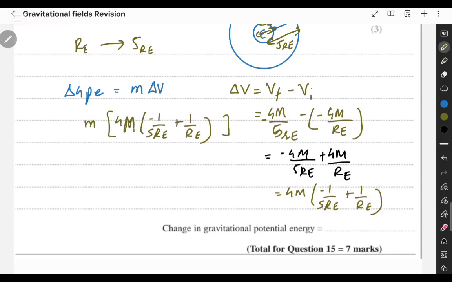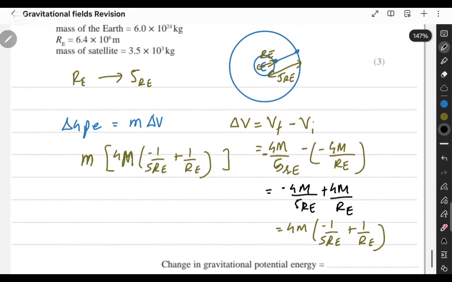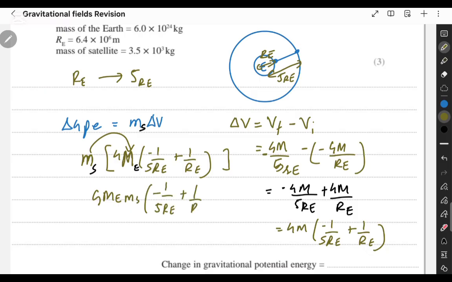The capital M is the mass of the Earth, and the small m is the mass of the satellite. Make sense? Now I'm going to put this right over here, multiplied. So GM_E m_S times minus 1 over 5 RE plus 1 over RE.